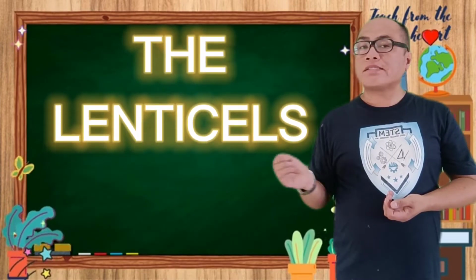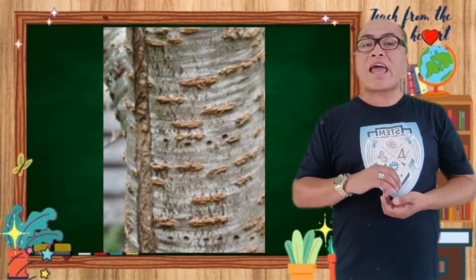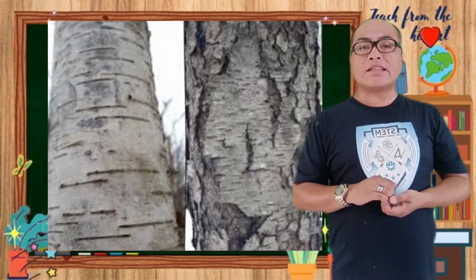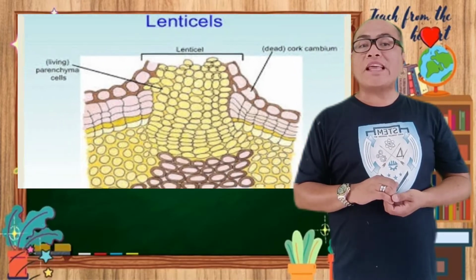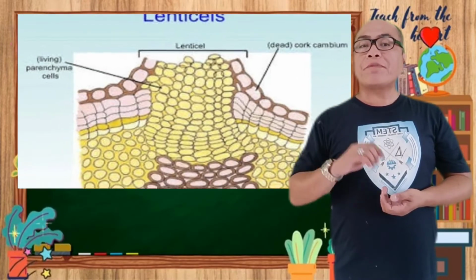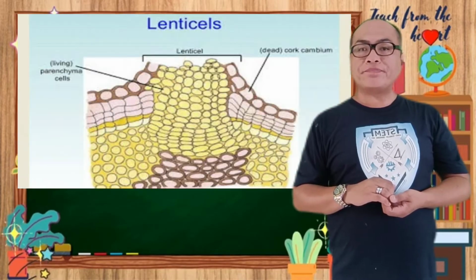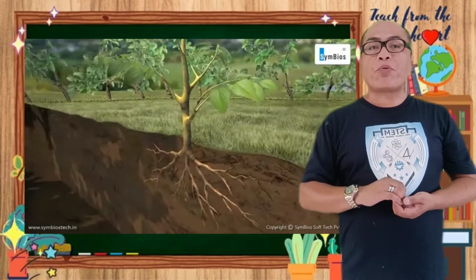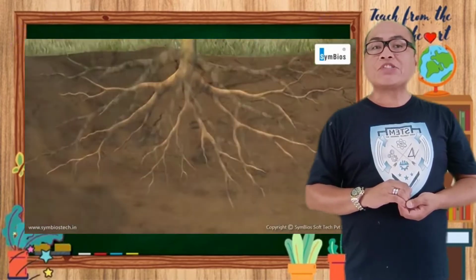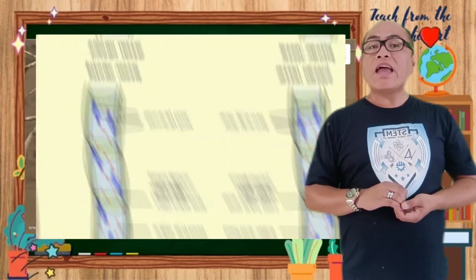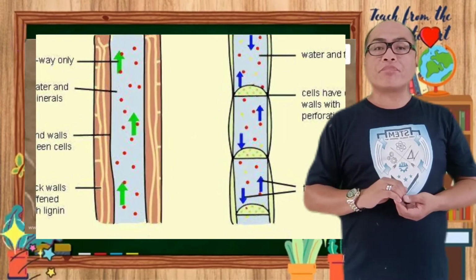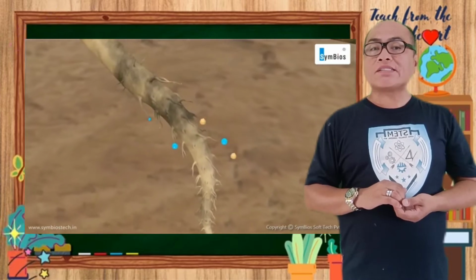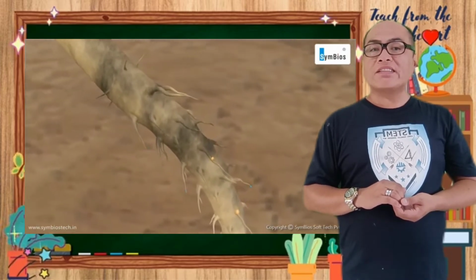The lenticels. In a woody stem, gas exchange is impeded except at lenticels, which are pockets of loosely arranged cork cells not impregnated with suberin. Transport system in plants. The plant transports food, water, and minerals through its system by using the xylem and the phloem. Xylem vessels are composed of dead lignified cells connected end to end.